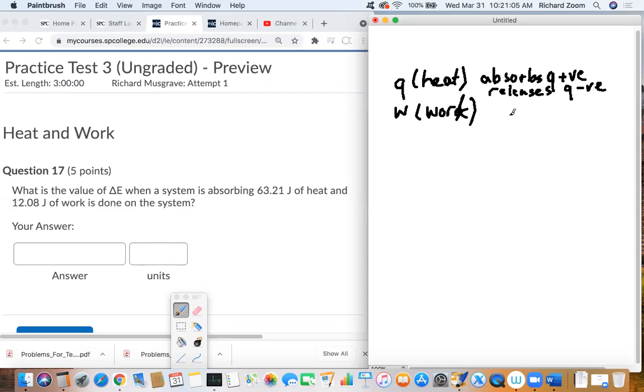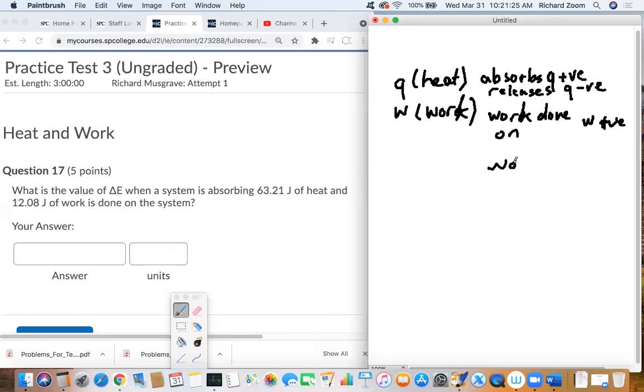That's why it's negative. For work, when work is done on the system, that means W is positive. So it's like we're adding work to it.